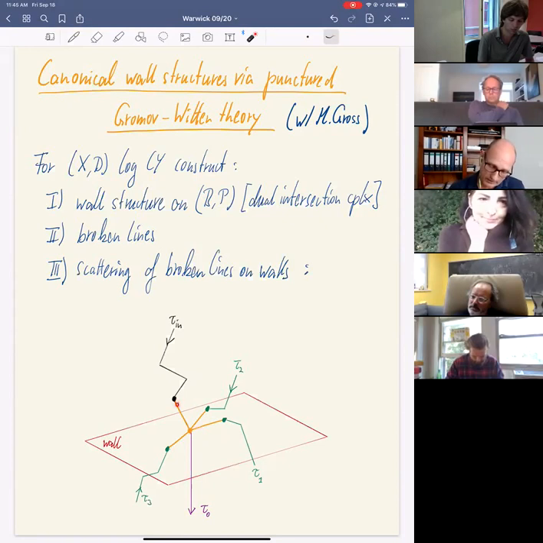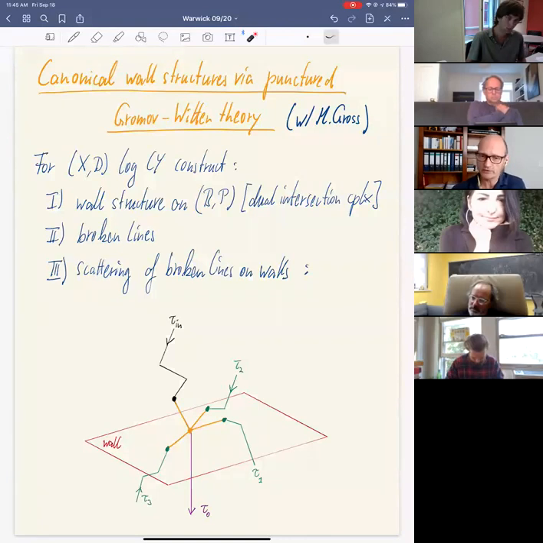And the way this interaction works is by a gluing formula telling you how certain punctured curves, punctured maps, glue to punctured maps of a different kind. Okay, so that's roughly what I want to explain.